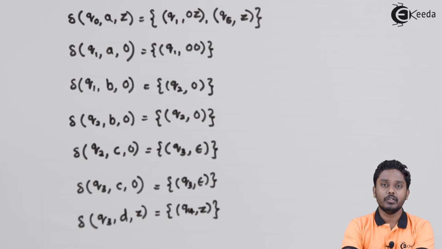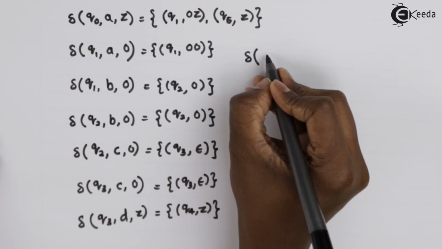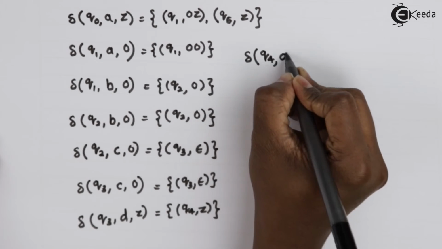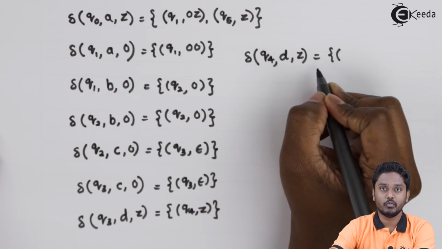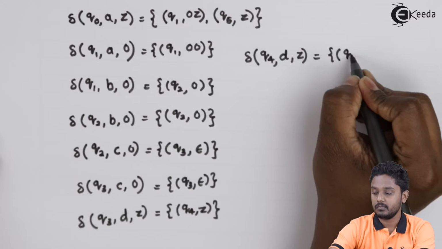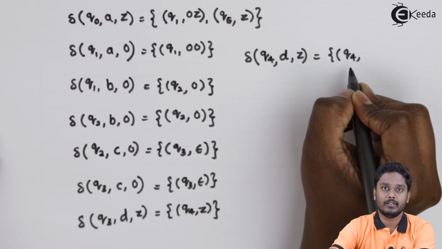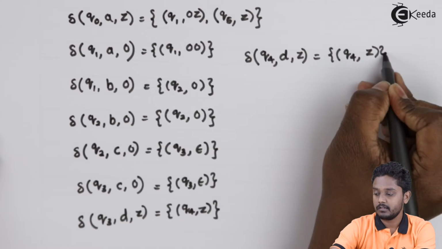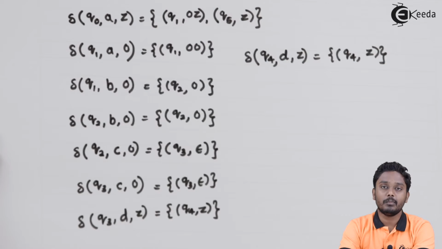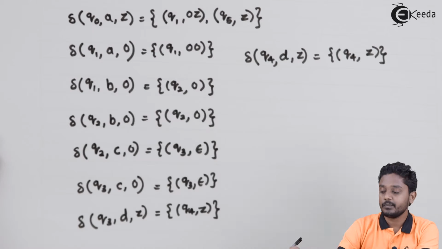On state Q4, we will skip all the coming up Ds. It will be just Q4 with Z as the top of the stack. This completes all transitions for the first branch. Now let's do the next one.